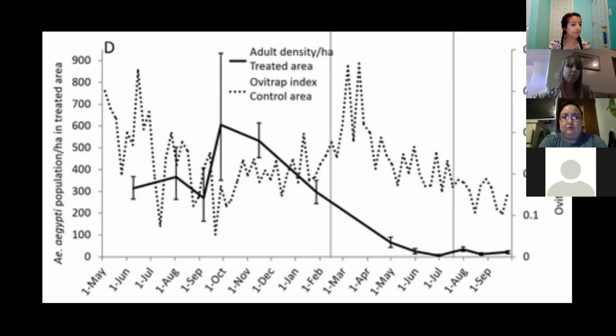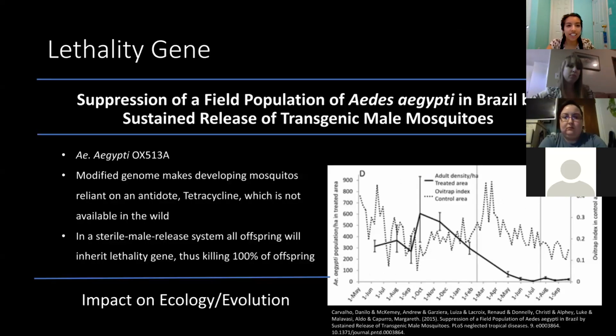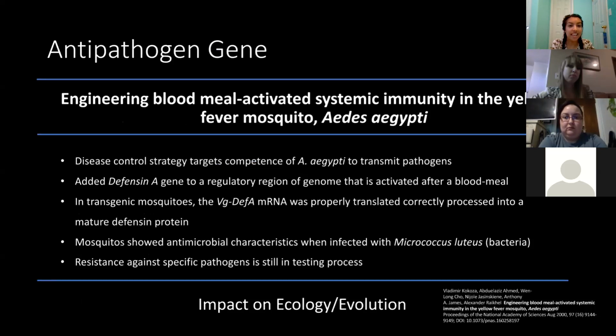There's one more technique that I looked at, called the antipathogen gene. It involves a genetically modified mosquito, a different mosquito with this gene in it. This gene is called defensin A, and it's added to a regulatory region of the genome, which is activated after a blood meal.